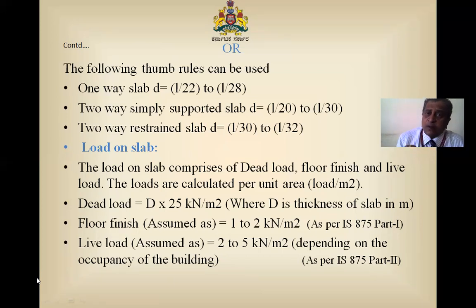This value shall be multiplied by 0.8 for Fe 415, meaning HYSD bars. And for continuous slabs, it is 40, and it will be multiplied by 0.8 for HYSD bars. This is clause number 24.1.